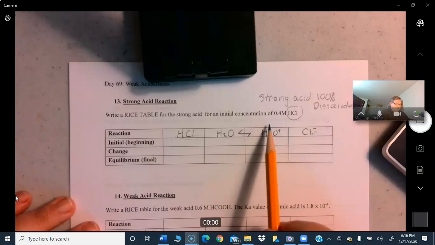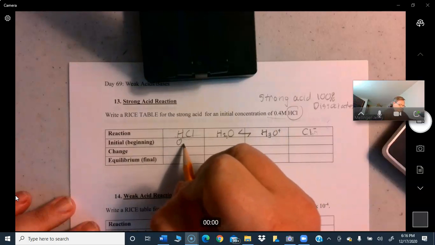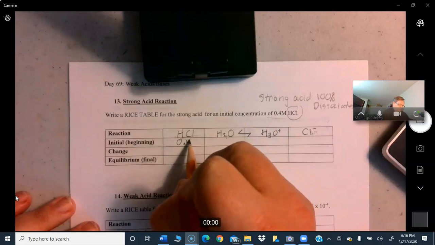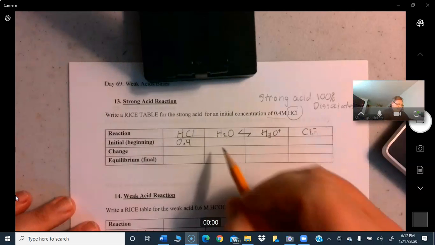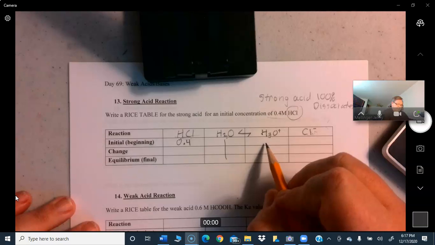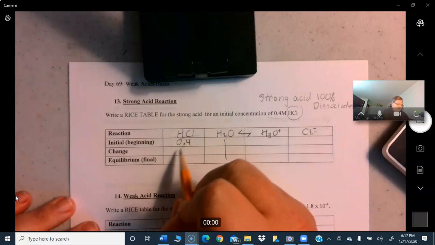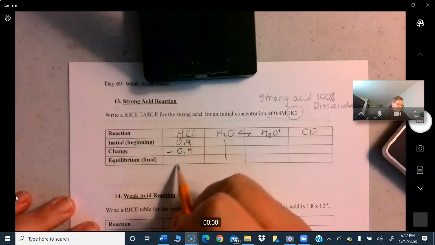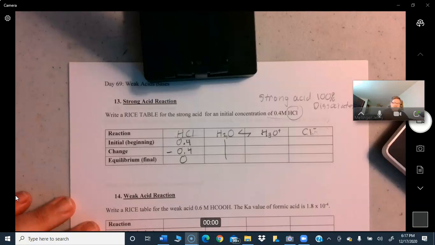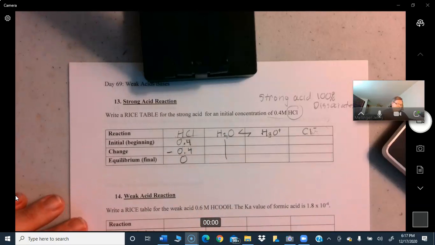All right, so you start off with 0.4 molar. And you can draw the X's and all, but you don't need to do it here. The water you never take into account. So it's going to dissociate. So all the change is going to be total, 0.4. You're going to lose all of that and end up with 0 at the end, okay? So you don't even need to use X's for this.